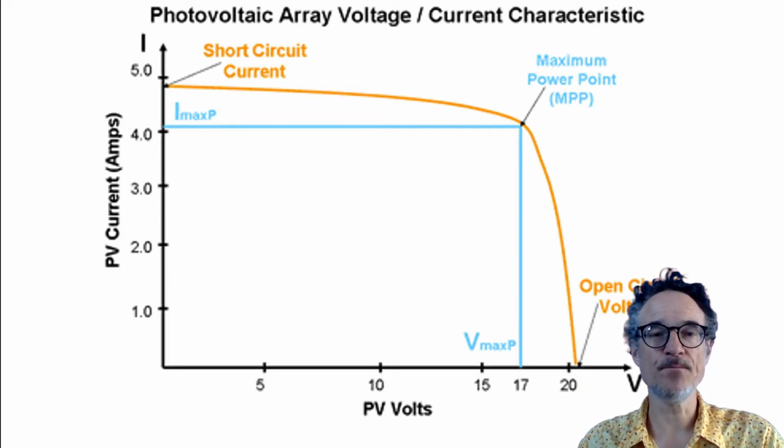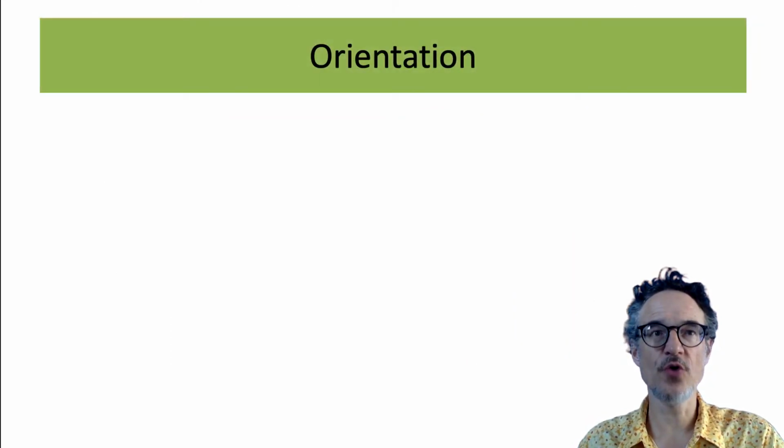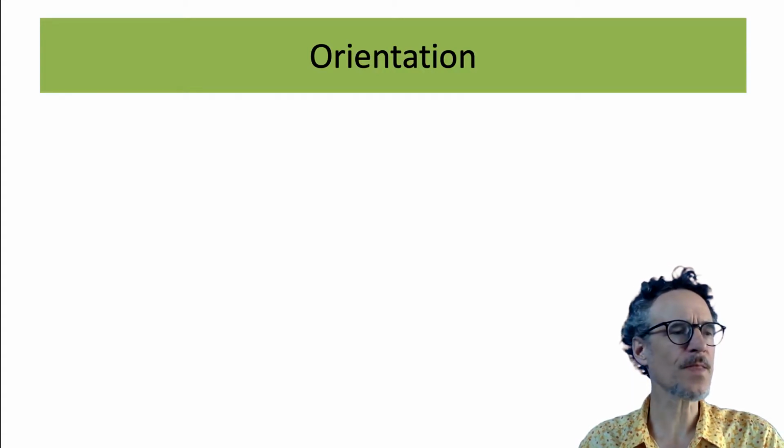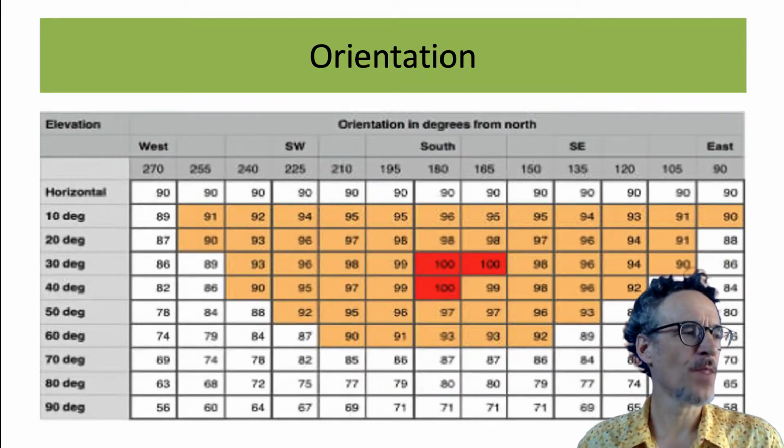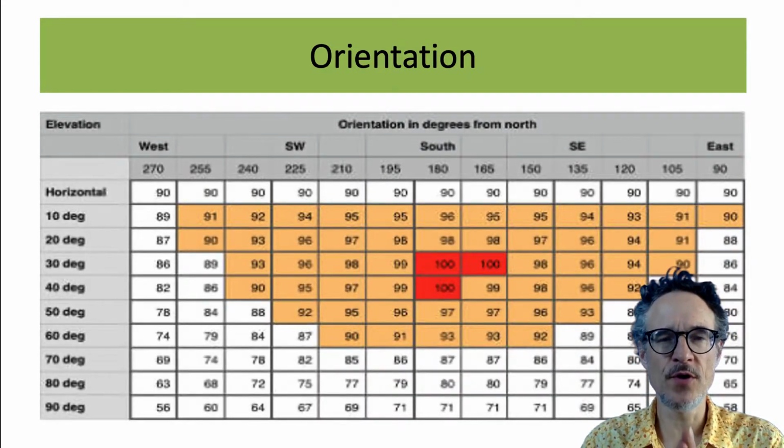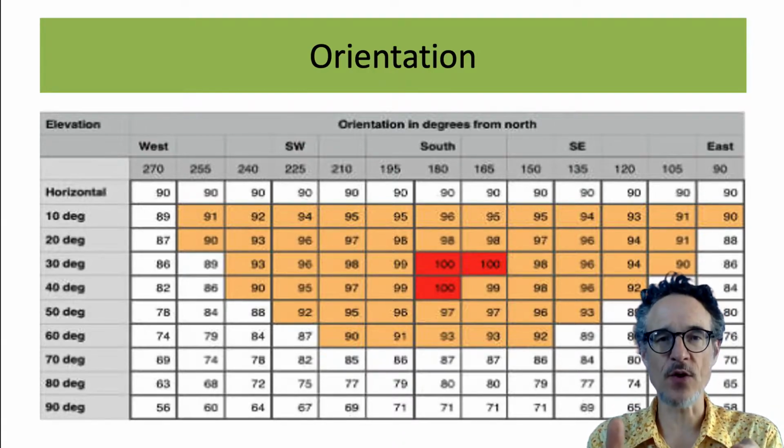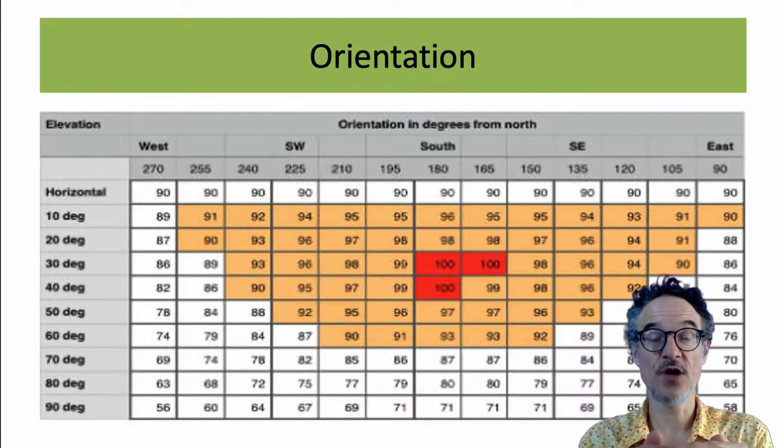Next then, orientation is another issue with panels, and there's an optimum. You should point your panels south, more or less south, because that's where the sun will be when it's the hottest and the highest and putting out the most power.